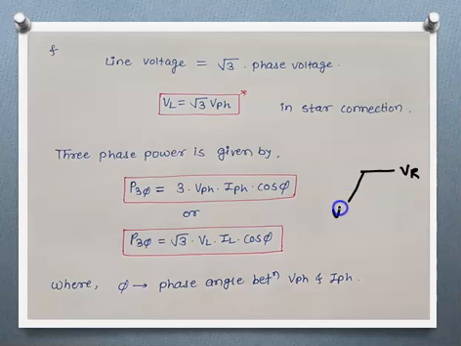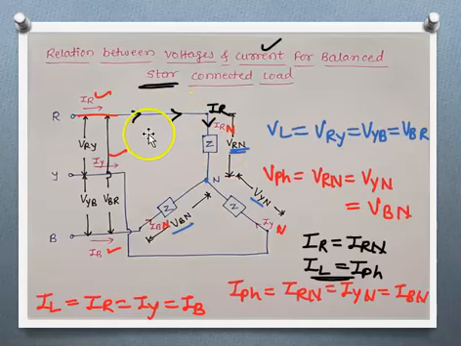So suppose this is phase voltage VRN, this VYN, and this will be VBN. Okay, these are the phase voltages which are 120 degrees to each other. Now we have to draw any one line voltage so that we can get the relation between line voltage and phase voltage. So let's see, we are taking this VRY, the voltage difference between R and Y. VRY we are going to draw here.